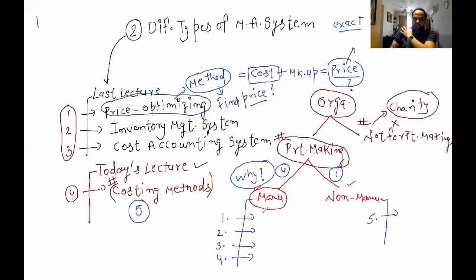So the first method is job costing. The second one is batch costing. The third one is contract costing.